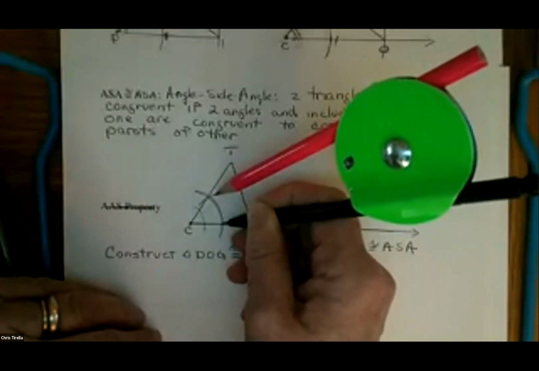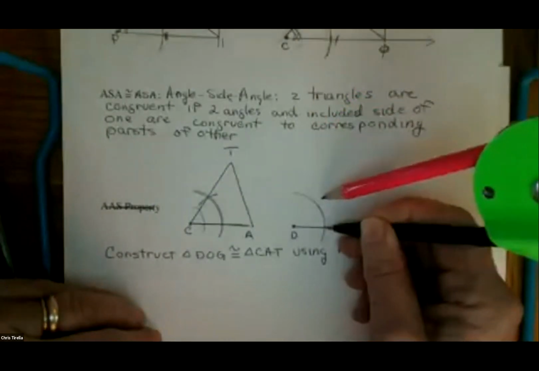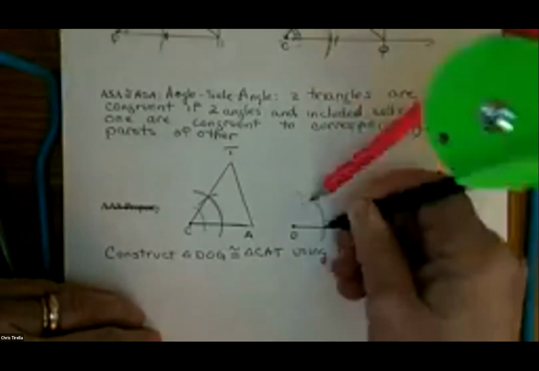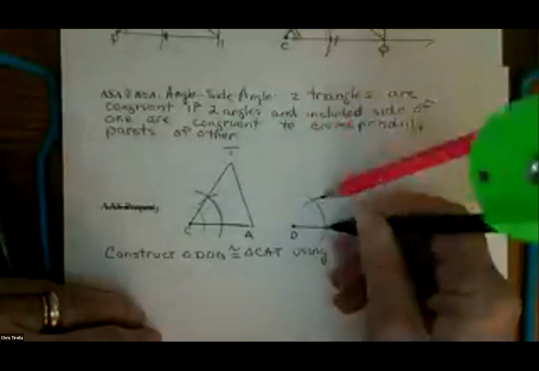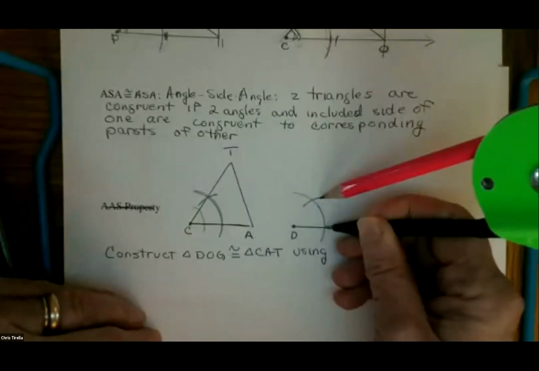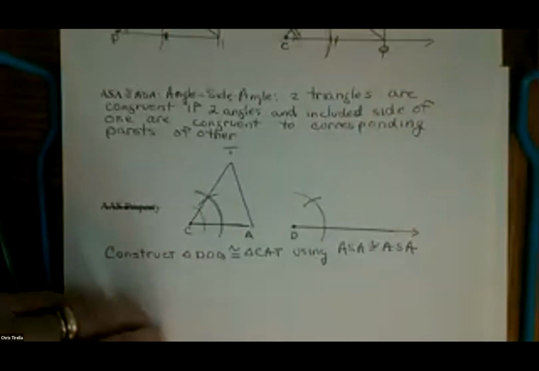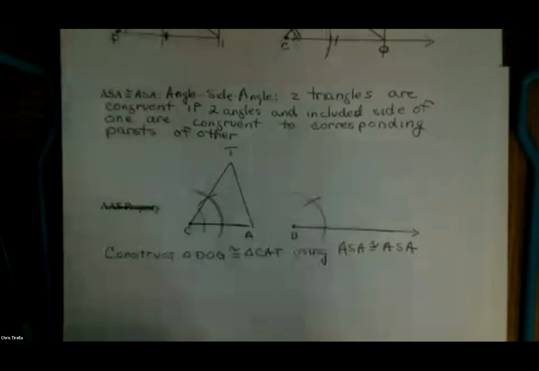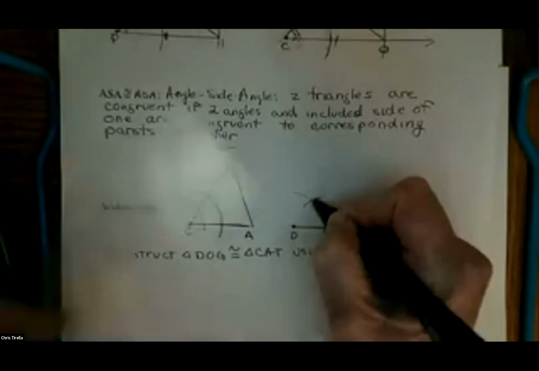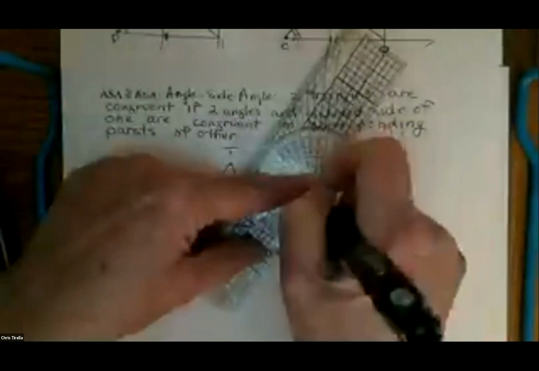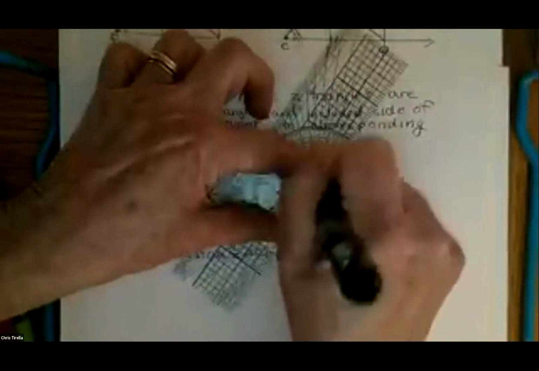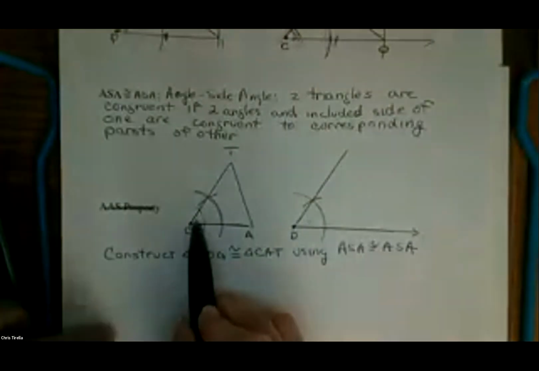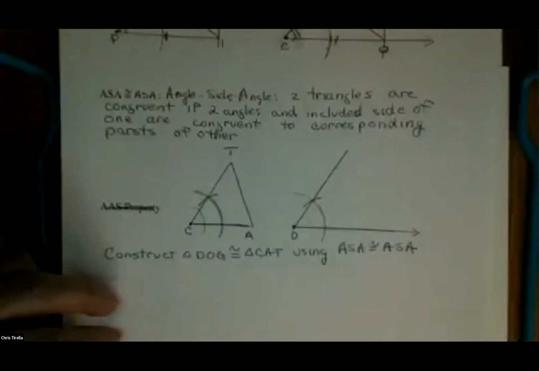And then where we're copying the angle, we're going to put the point where our arc intersected our ray and swing that same radius so that we have 2 intersecting arcs. I'd like to again say X marks the spot. That's where my treasure is. I'm going to connect that to D. And so now angle D is congruent to angle C, and that's my angle.